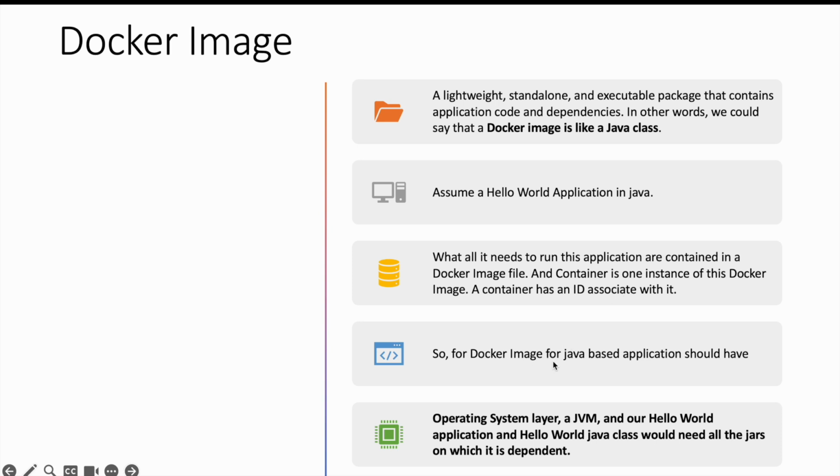So a Docker image for a Java based application should have an operating system layer, a JVM, and in our hello world microservice, the hello world Java class would need all the jars on which it is dependent. So everything is bundled together in this Docker image. So this is a completely independent bundle package which can run independently. That is what a Docker image is.